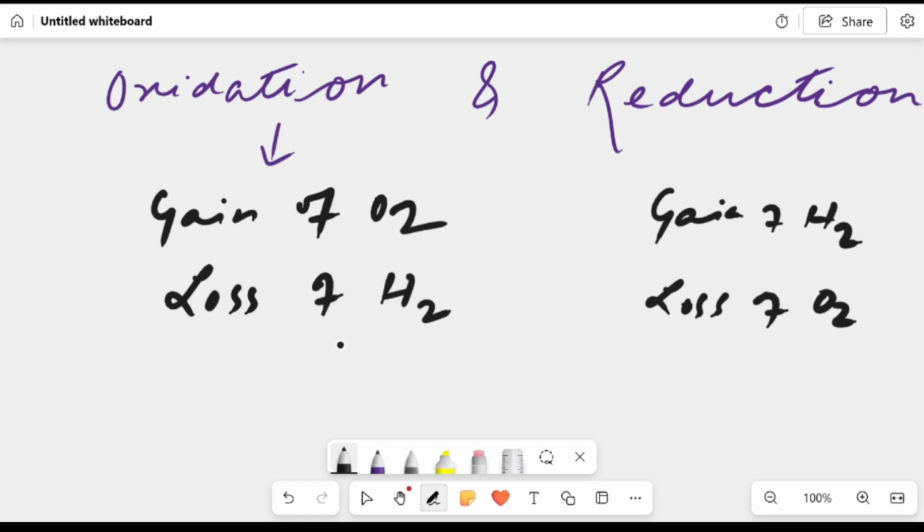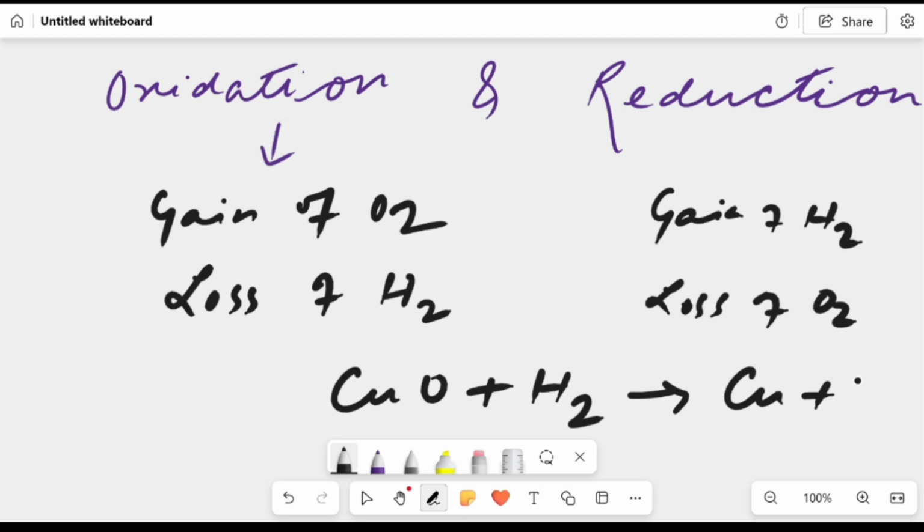We have taken an example here. What is that example? CuO plus H2. What happens here? Cu plus H2O is formed.